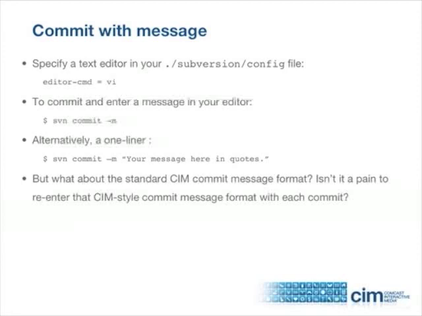Alternatively, you can do the same thing directly from the terminal with one line of code, svn commit -m, and then specifying your commit message inside of quotes. But what about the standard SIM commit message format?